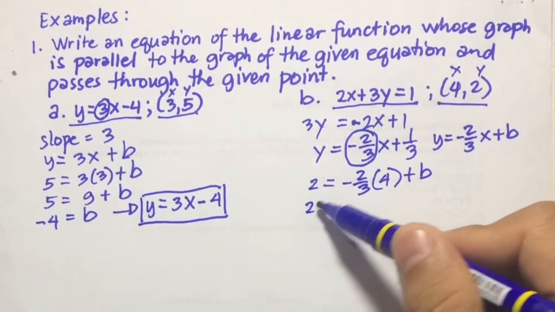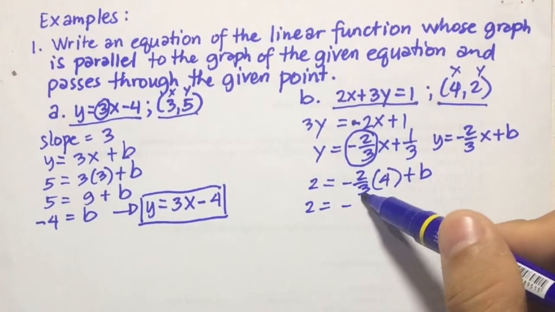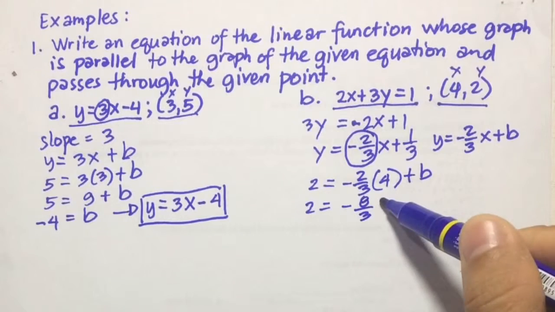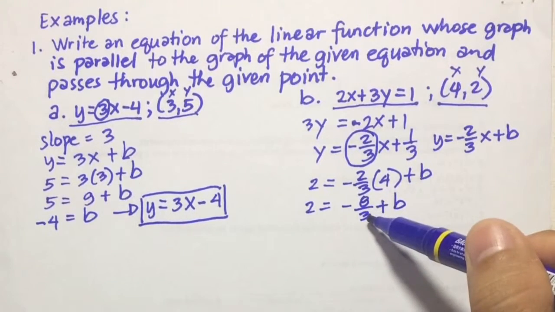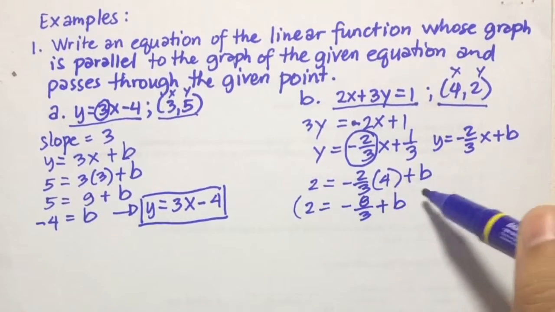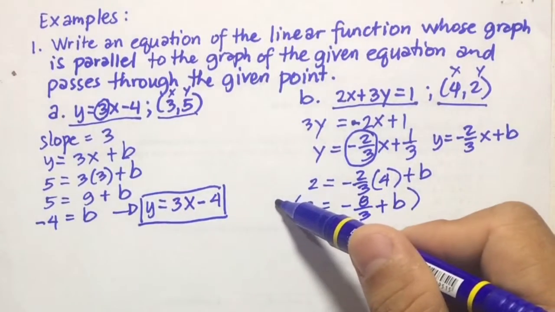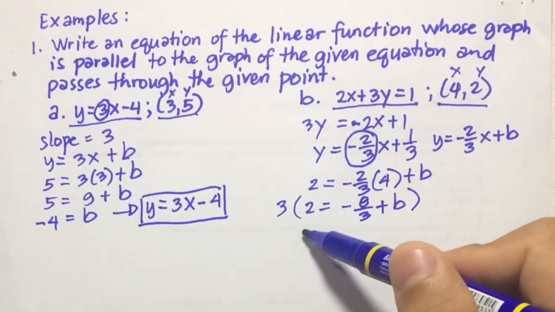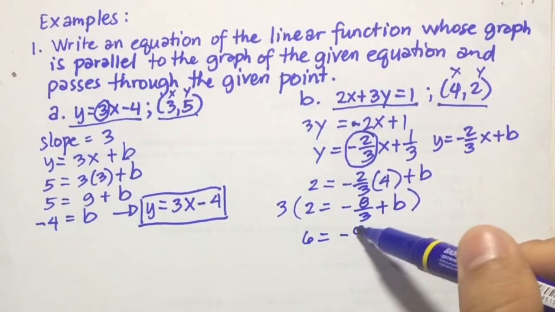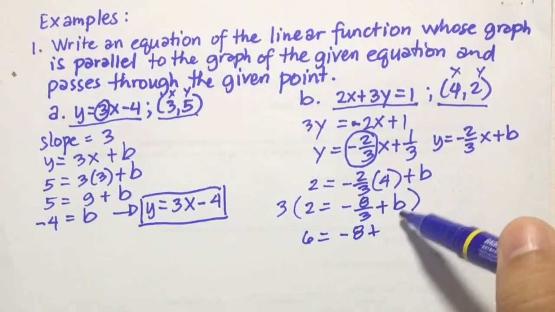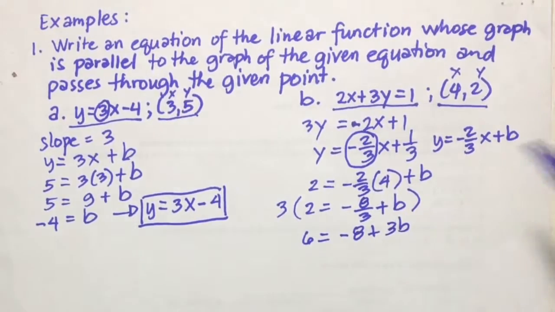Then multiplying, this is -8 over 3 plus b. To eliminate 3 here, we multiply the equation by 3. So 3 times 2 is 6. Then 3 times -8 over 3 is -8. Then 3 times b is 3b.